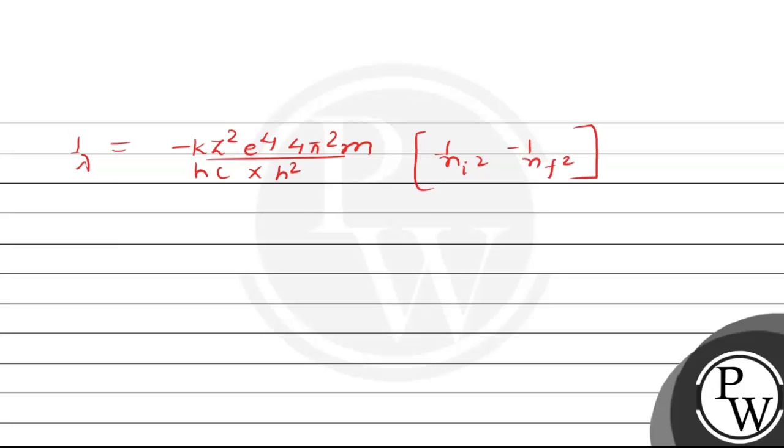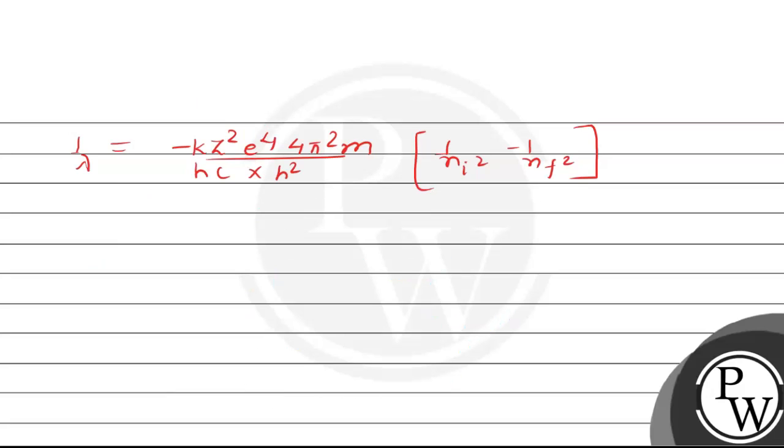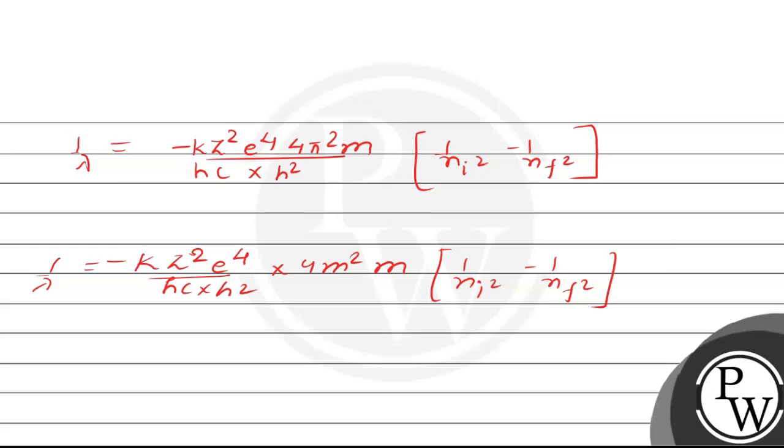So students, this is for the normal hydrogen atom, and for this hypothetical atom with positron and antiproton also, 1 upon lambda can be written as k into z square e raised to the power 4 into 4 pi square m upon hc into h square, into 1 upon n final square minus 1 upon n initial square. This is lambda of that atom and this is lambda of the normal hydrogen atom.